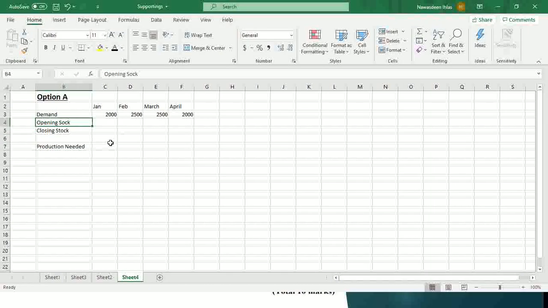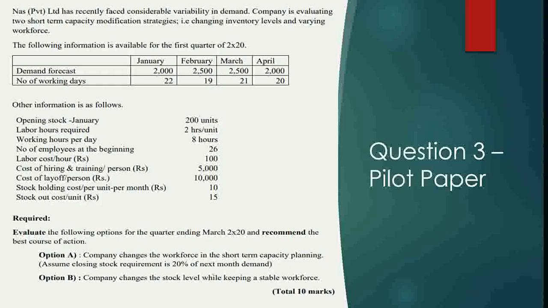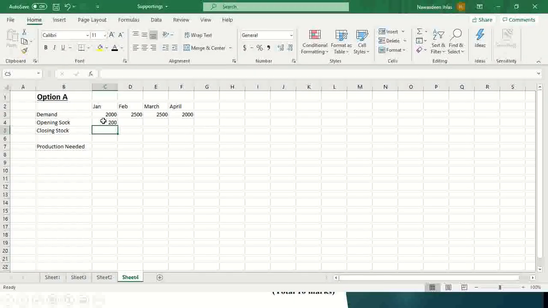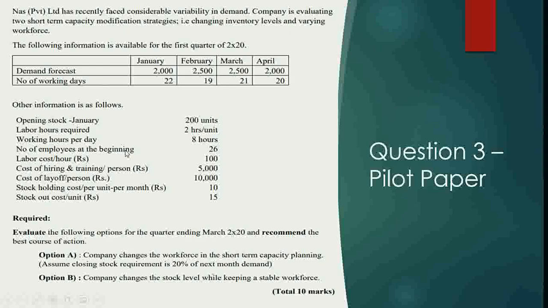Right, so opening stock in January they have given it is 200 units. And another information given in option A, they are saying this company is keeping 20% of next month's demand as their closing stock. So company is keeping closing stock 20% of next month's demand.